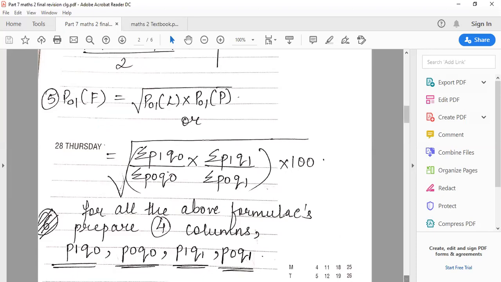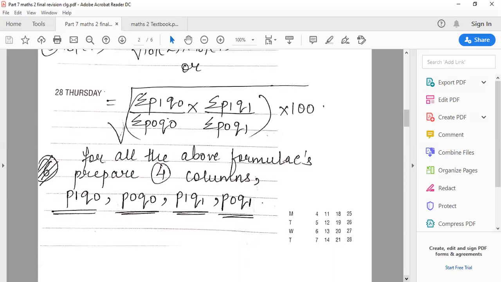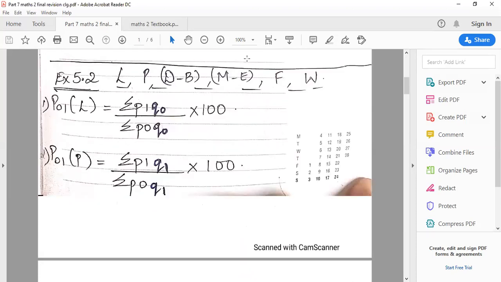Now one thing again I had mentioned: when you are calculating the first 5 developers' formulas in one particular sum, you need to keep in mind you have to prepare 4 columns. Now what could be those 4 columns? If you see here, you'll get confused, so there's no need to worry. The 4 columns are the simple ones: P1 Q0, P0 Q0.